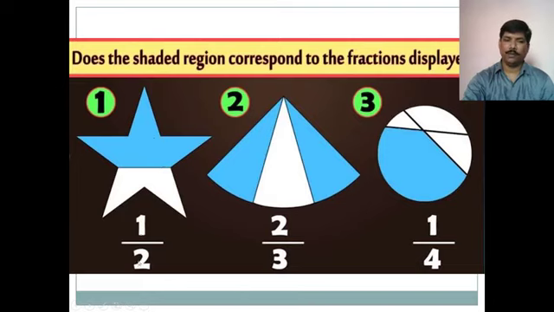Is this 1 upon 2? No. Why? Because the shaded part and the left part are not equal, while the parts must be equal, as I already told you.